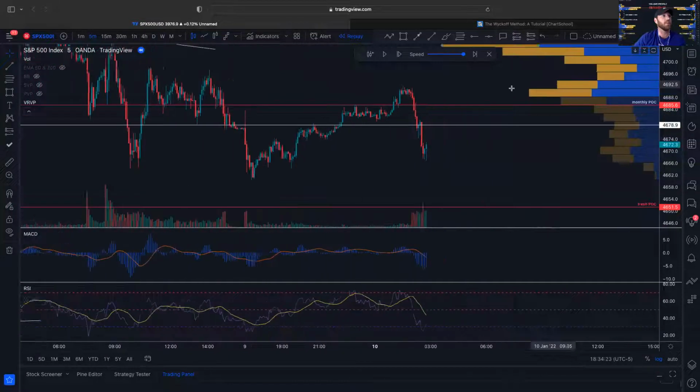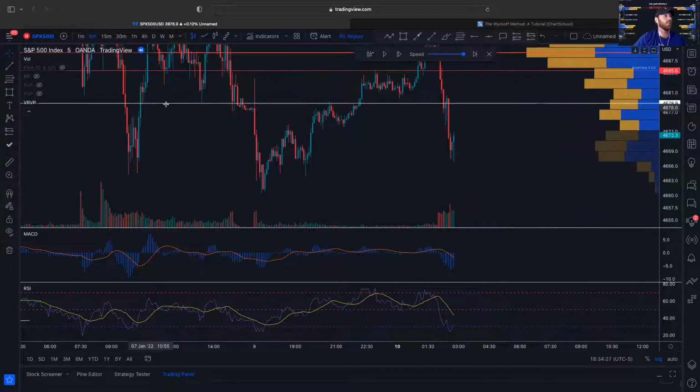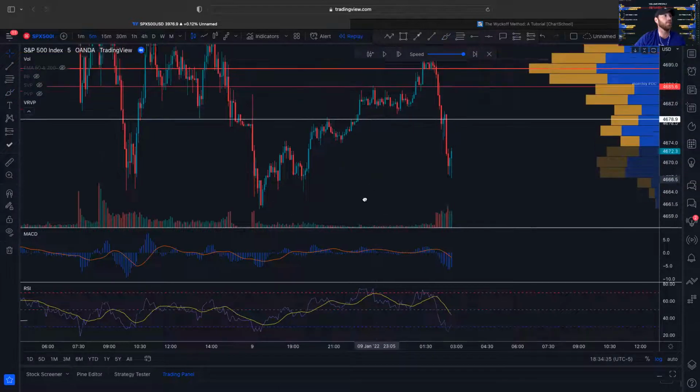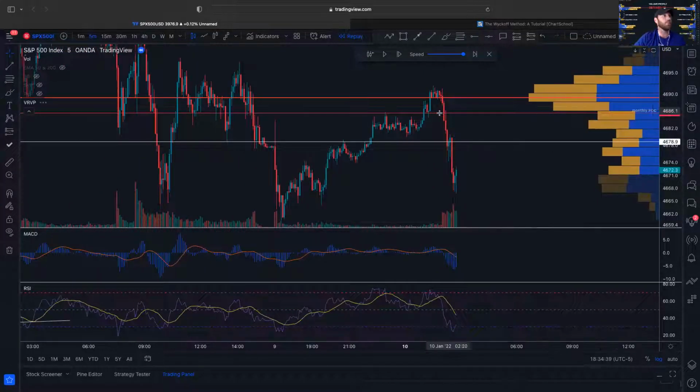So once it came back in here, what did we see? Let me talk about this. Low volume as price is moving up. That's a signal. And it came back into a monthly POC.